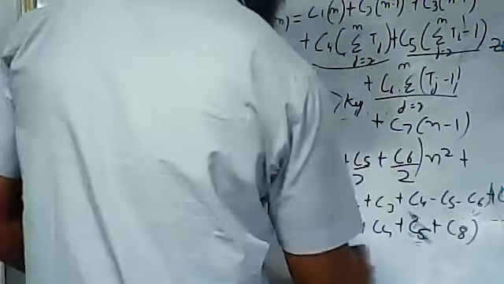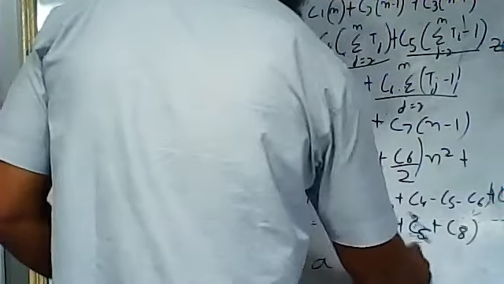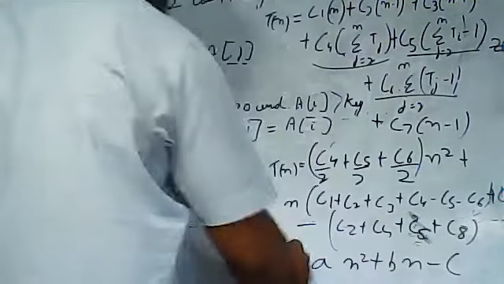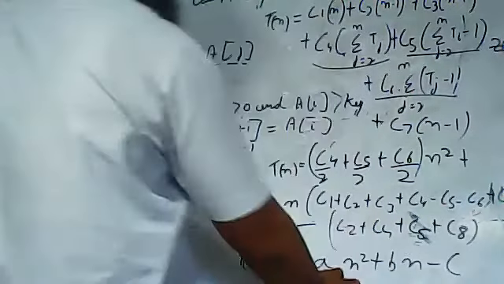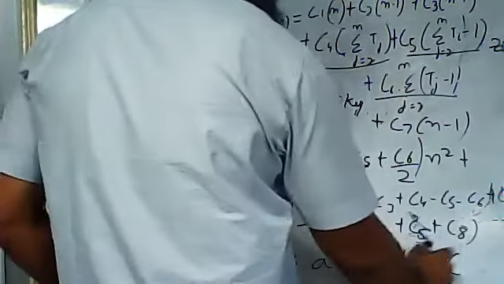So this is a constant, and this one is also a constant. If all these are constants, I can also write this as A into n square plus B into n minus C, with A, B, C constants. So the time taken by this whole algorithm will be a n square plus b n minus c.